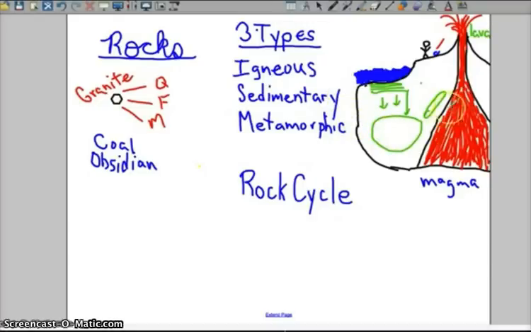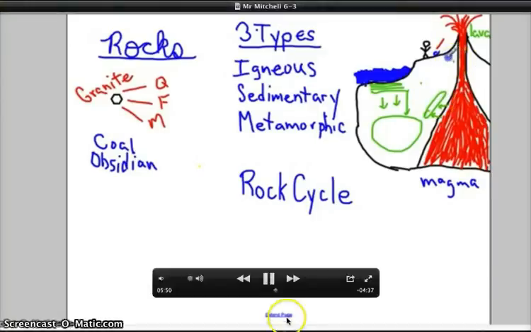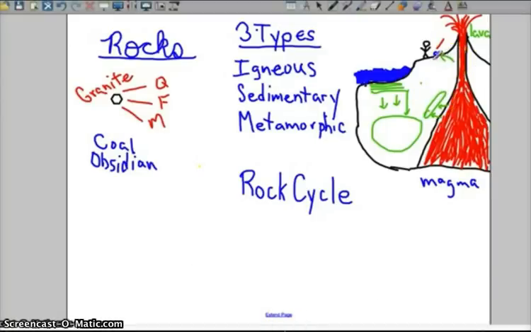The heat and the pressure are going to make it metamorphic rock. Now, the metamorphic rock that's already here, let's say this magma ends up spreading out into this area. All this metamorphic rock is going to be scalded, turned into liquid, and then once it cools again, it will be igneous rock. So you have basically what's called a rock cycle.